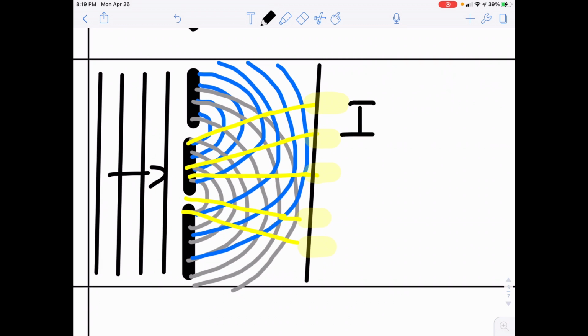X is the distance between adjacent bright regions. They're called fringes, bright fringes. L represents the distance from the double slit. You can see there's double slits, one slit, two slit. That's why it's called double slit. The distance between the slits and the screen where you're projecting the interference pattern on is distance L.